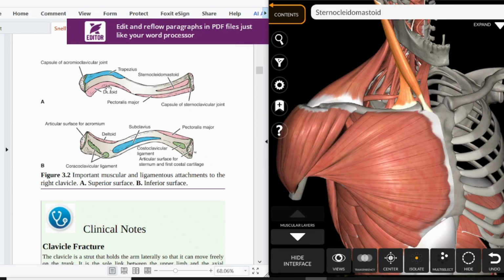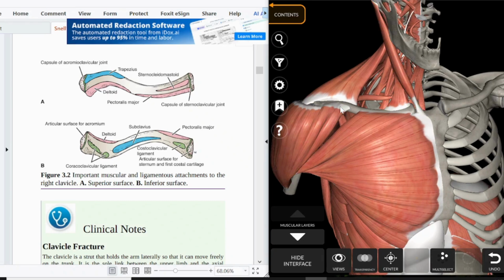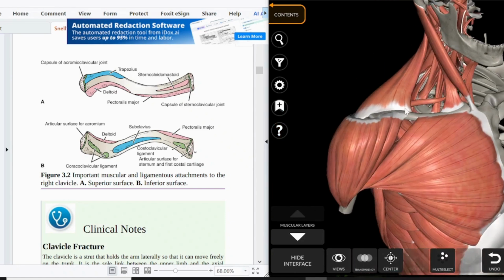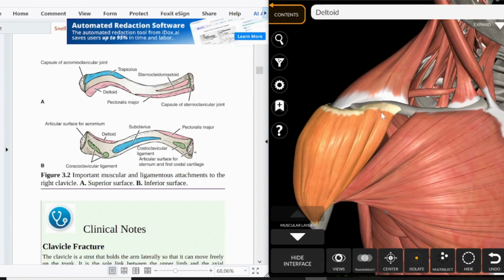Now on the lateral end of the clavicle, you can see the origin of the deltoid. You can see the fibers marked like this. I just corrected it. So on the lateral end, the deltoid gives origin.